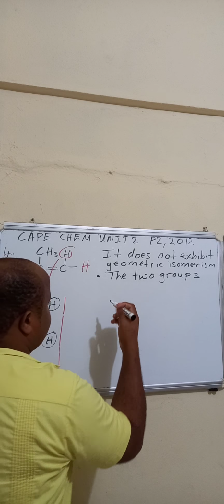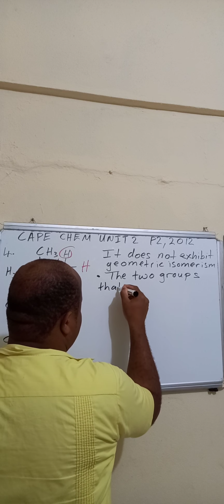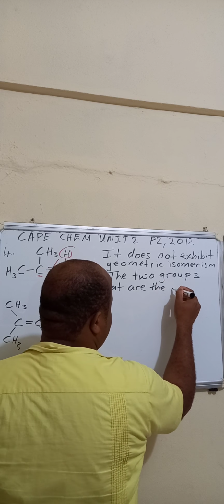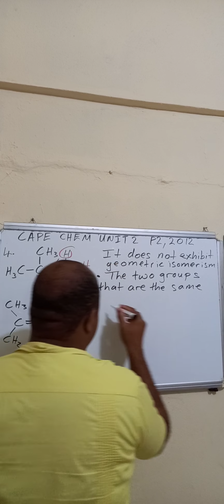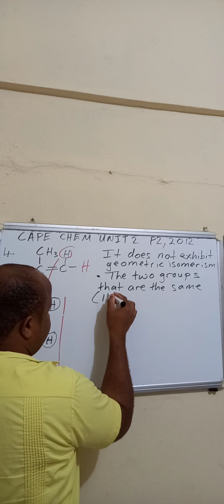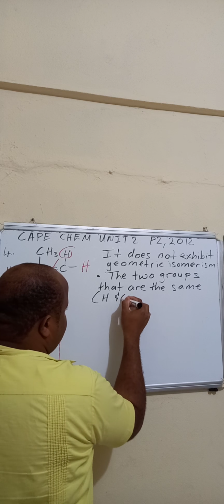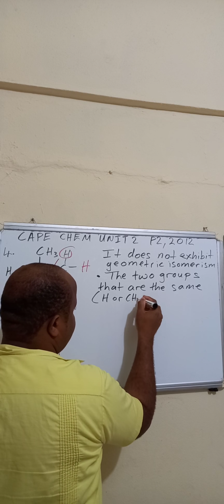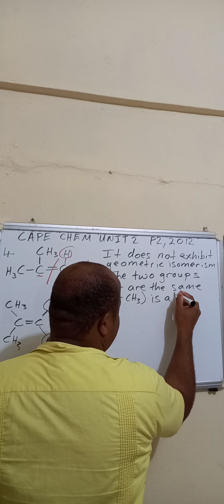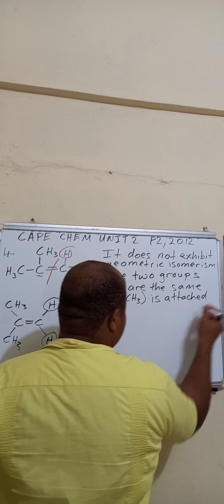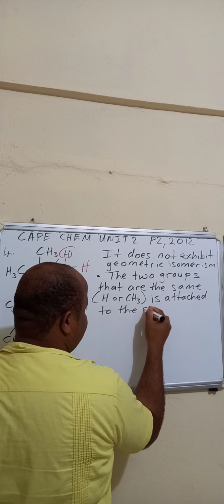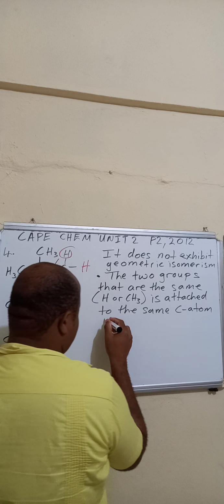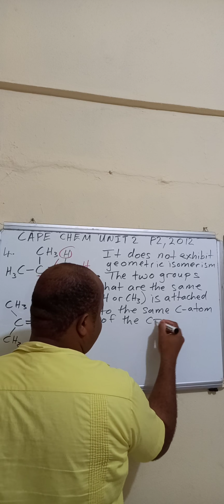So the groups that are the same, in bracket you can put H, is attached to this same carbon atom of the double bond.